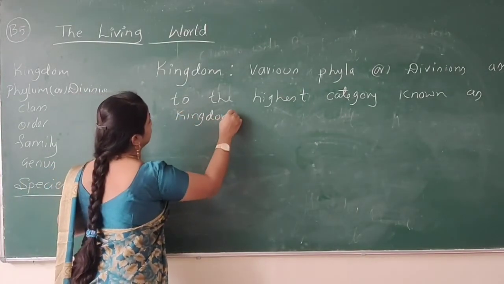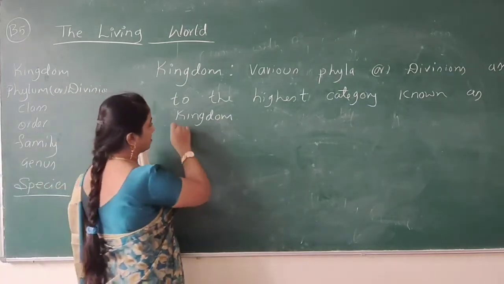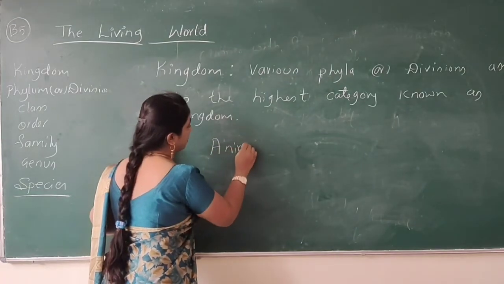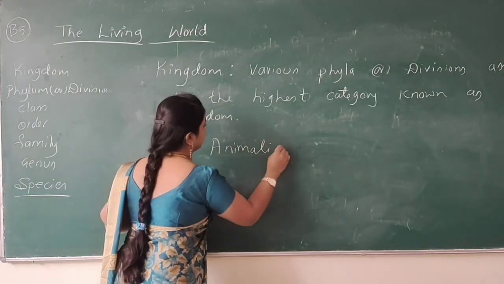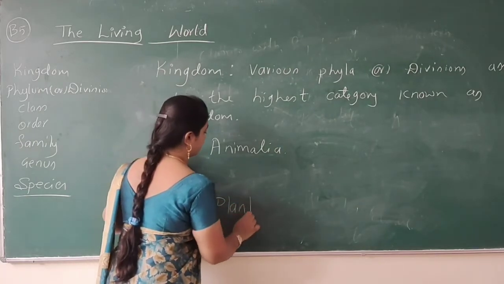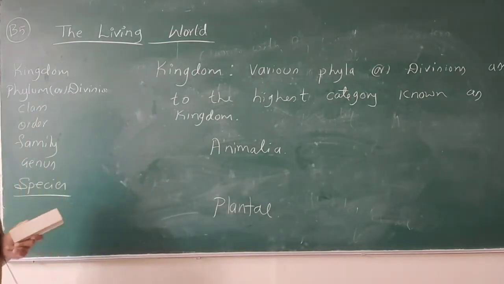Kingdom. We know 2 types of kingdoms here: kingdom Animalia and kingdom Plantae.